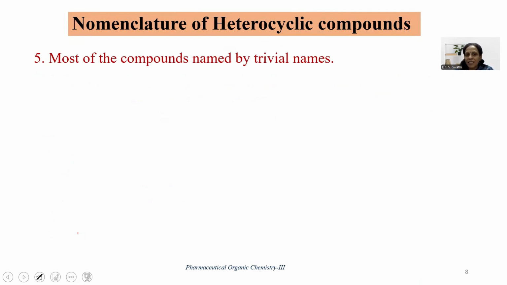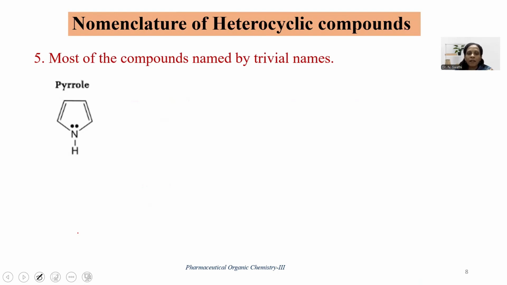Now, most of the heterocyclic compounds are popular with their trivial names. Now, let us consider a few examples of heterocyclic compounds which are popular with these trivial names. So this is pyrrole. As per the nomenclature I mentioned previously, the nitrogen containing system should start with aza because aza means nitrogen. But if you look at this particular molecule, this is an unsaturated 5-membered ring having nitrogen as heteroatom.